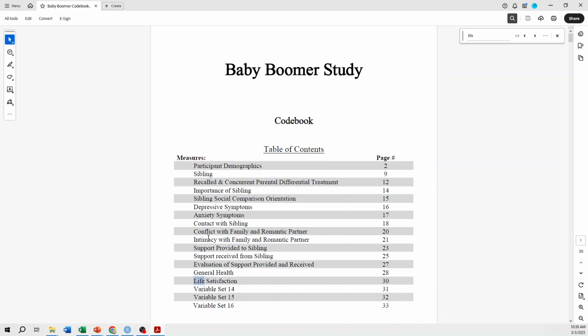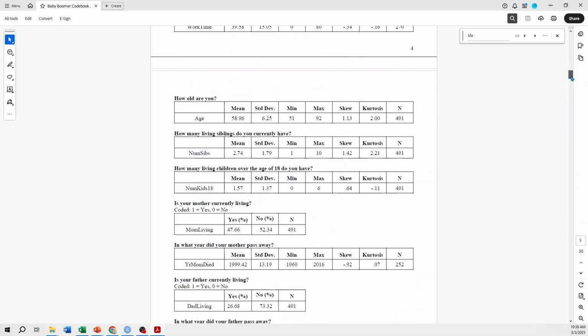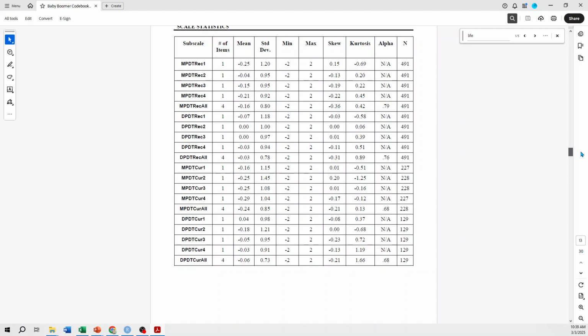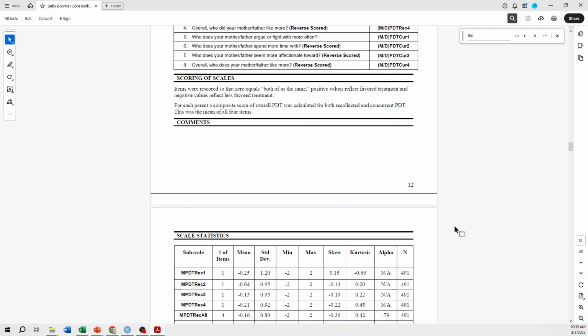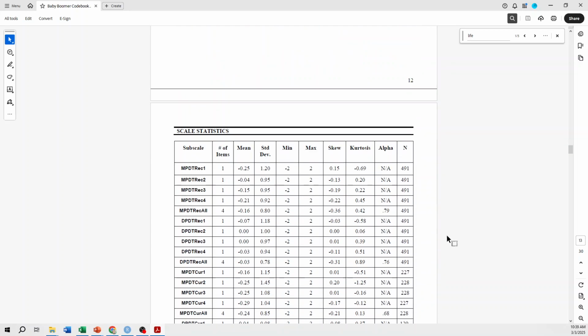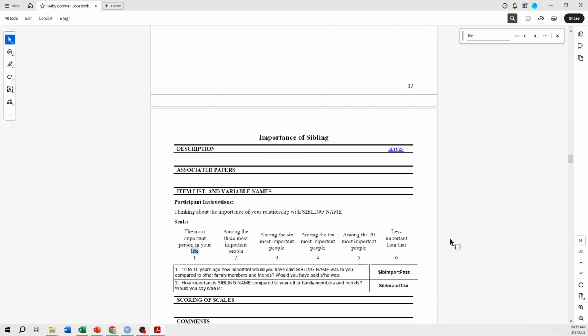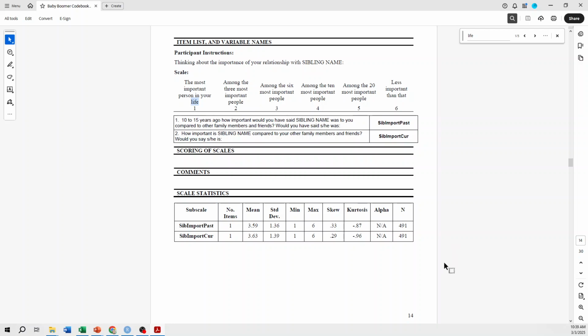And maybe I'm curious, well, this could be interesting too. Let's look at the differential treatment. Or, oh, this is a good one.